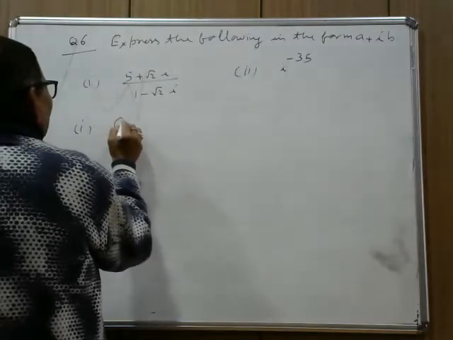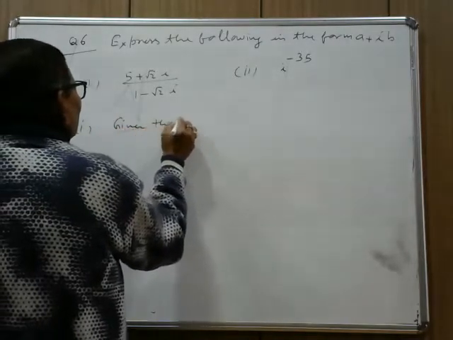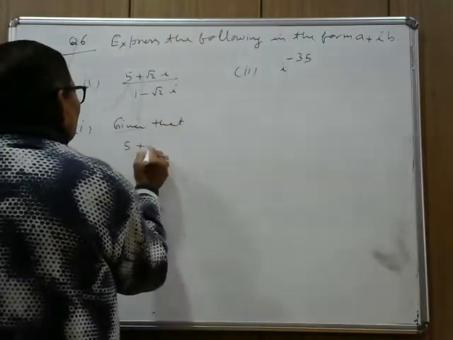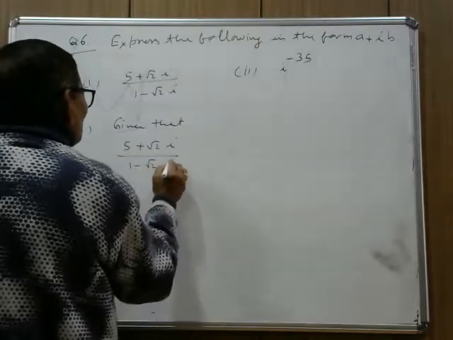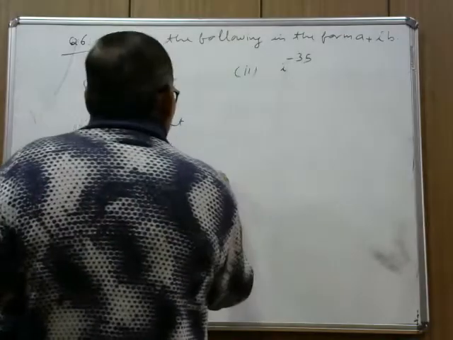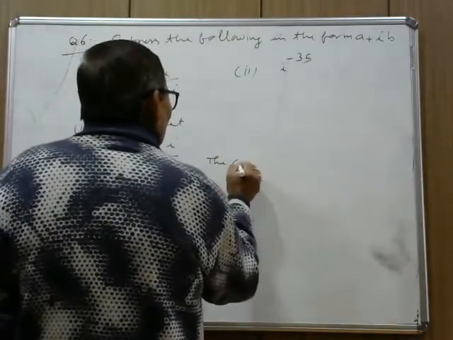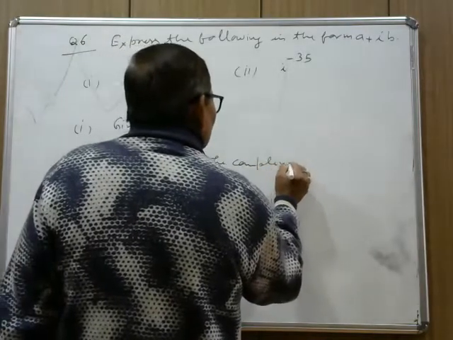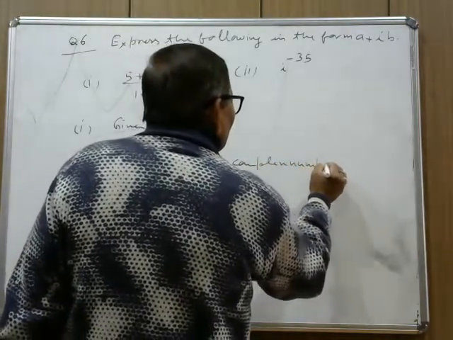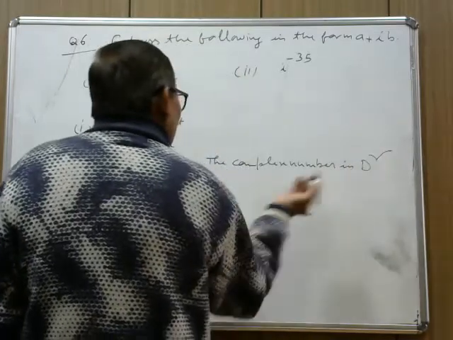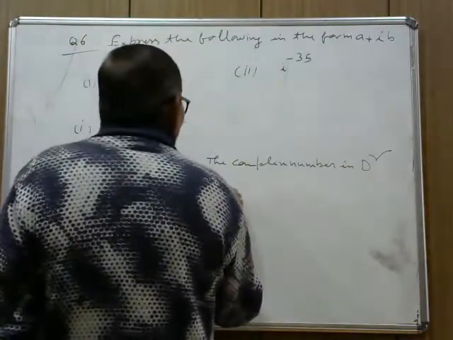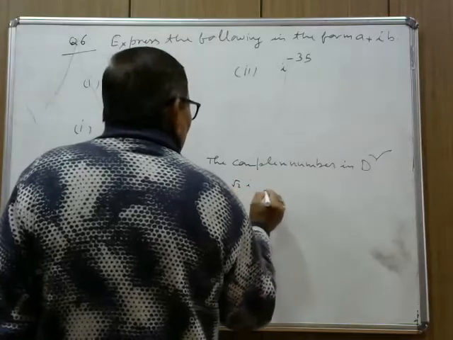So first, given 5 plus root 2i upon 1 minus root 2i. The complex number in the denominator is 1 minus root 2i.